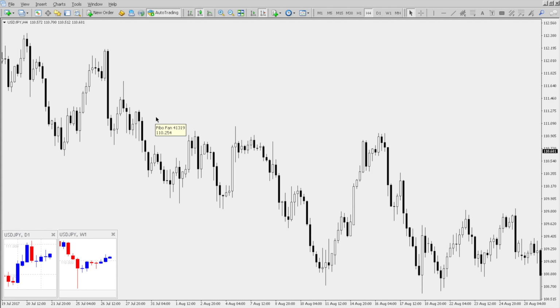Now, if you understand why false breaks happen, you would understand how the markets move. False breaks happen because the orders that are in the market, they want to get executed. Now, for the order to get executed, you need to have liquidity.